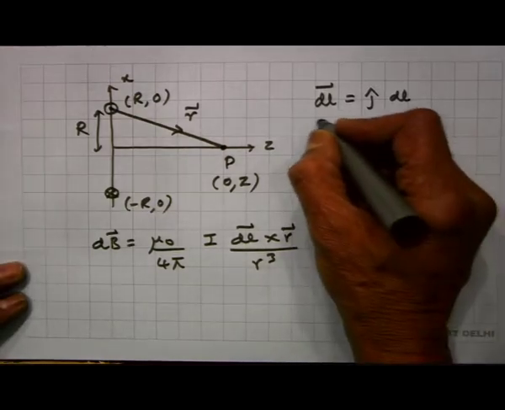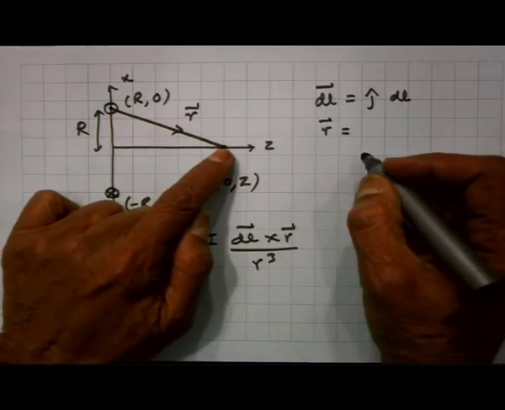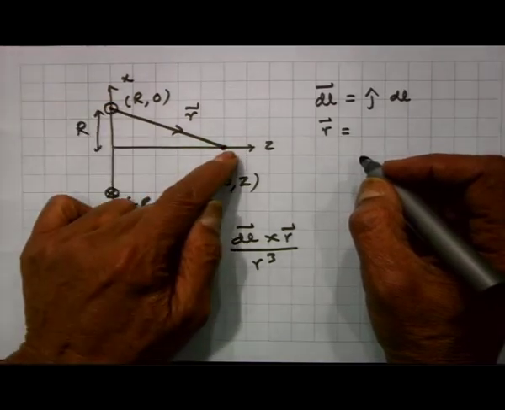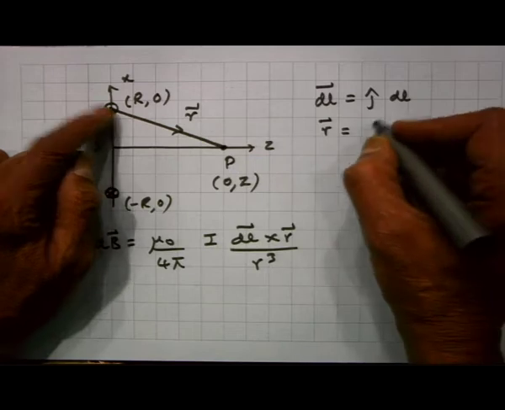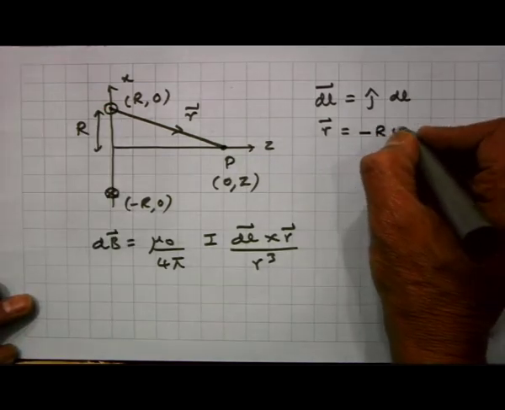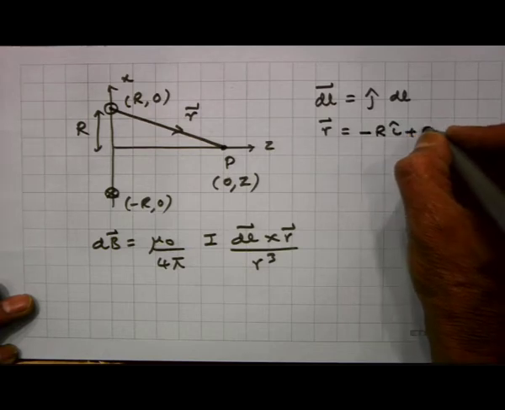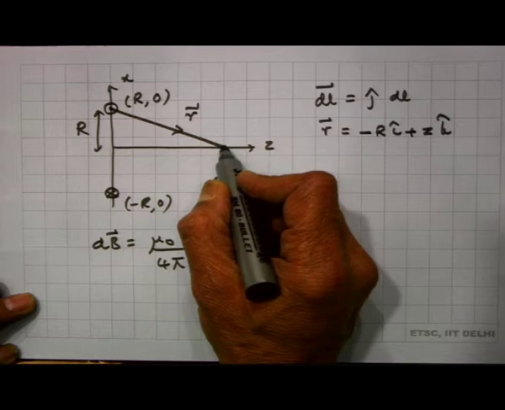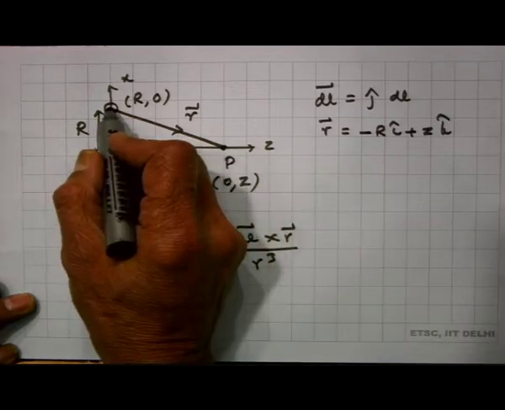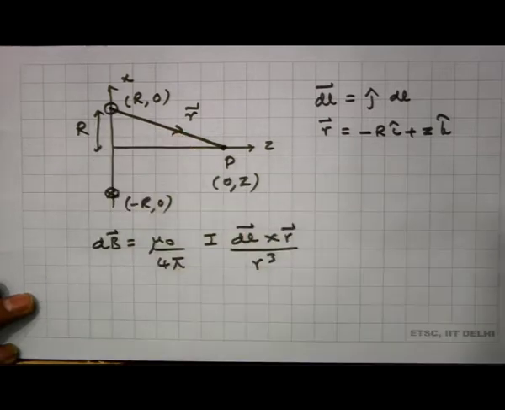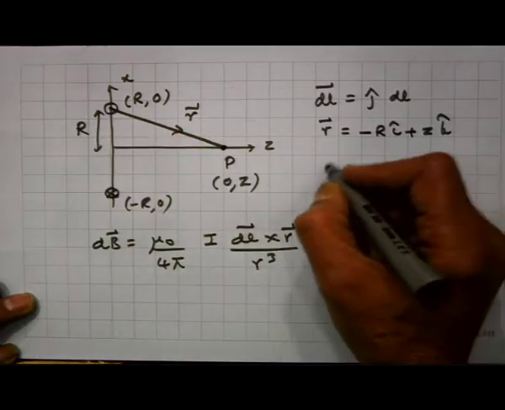The r vector is the coordinate of this point minus the coordinates of this point, because the vector joins from here to here. So, I will have minus r i cap plus z k cap. z k cap is the position of this point, and minus r i cap is the coordinate of this point. So, the difference is r.